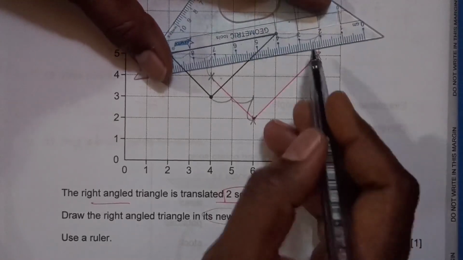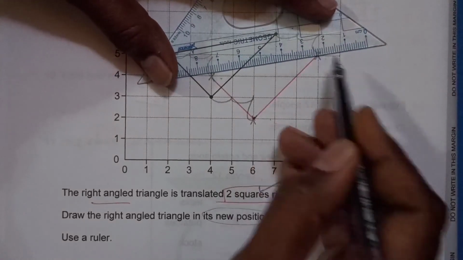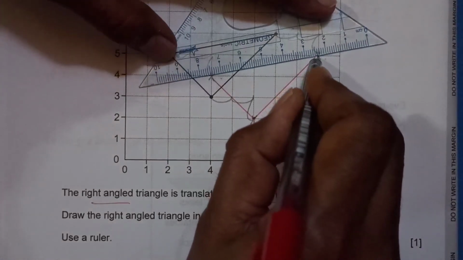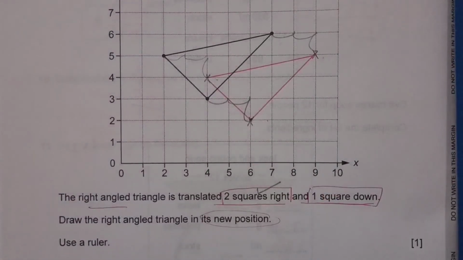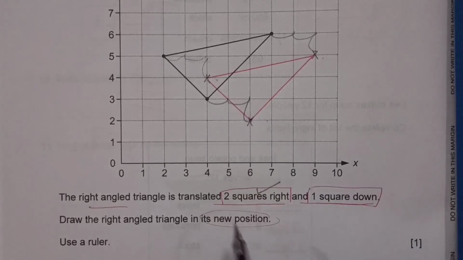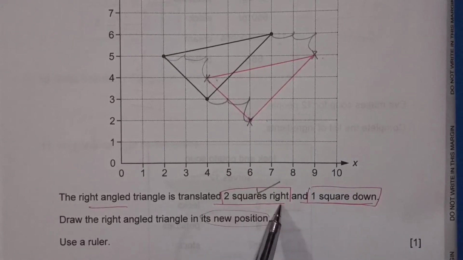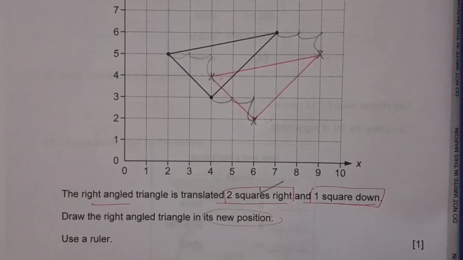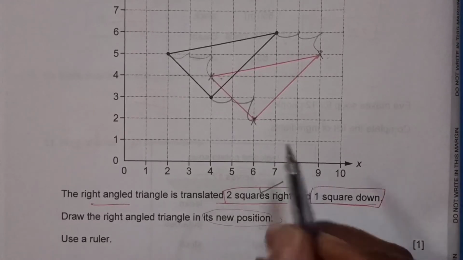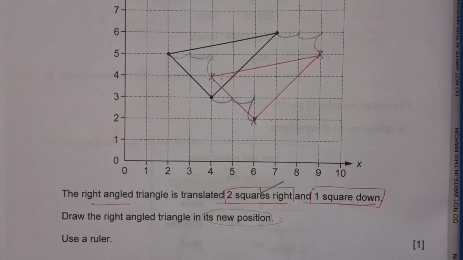And now this one. So this is the new triangle in red after the translation of 2 squares right and 1 square down. So see, this is so easy if you count step by step.